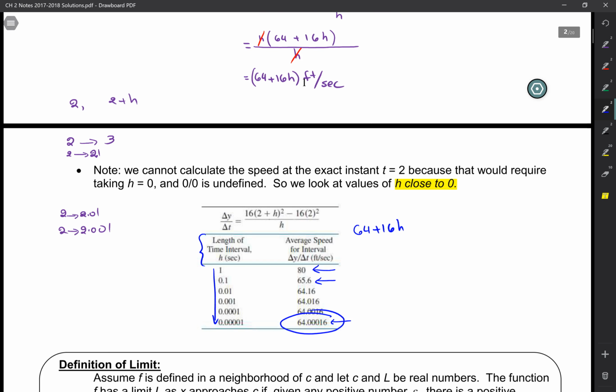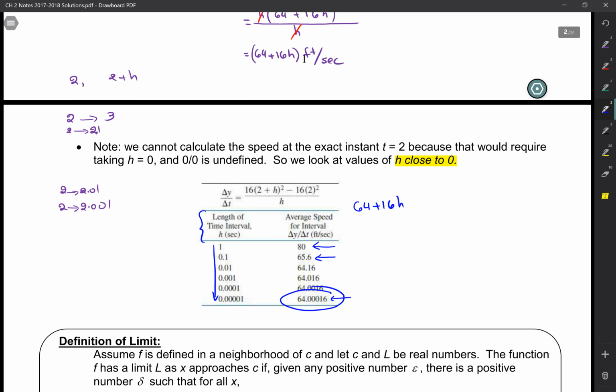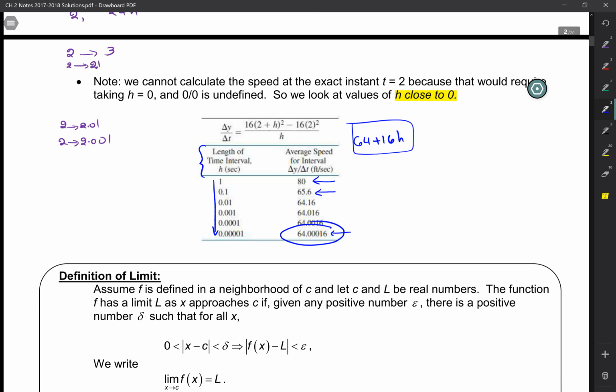65 to 64. So if you put in varying values of h into 64 plus 16h, you'll get those more precise values. So what do we notice here? As h is approaching 0, the speed is approaching 64 feet per second.